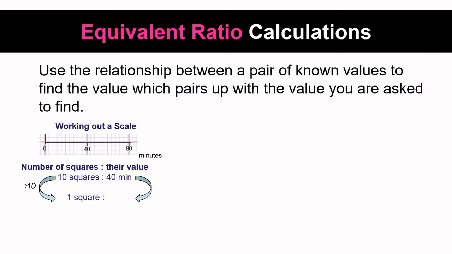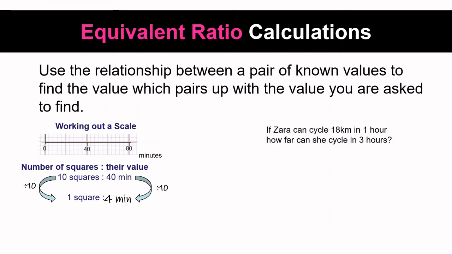So I'll do the same thing to the 40 minutes. If it's 1/10 of the number of squares, it should be 1/10 of the amount of minutes. So 40 divided by 10, that's 4 minutes. Each square is worth 4 minutes. And again, like we did before, we could check that by counting by 4s. 4, 8, 12, 16, 20, 24, 28, 32, 36, 40.